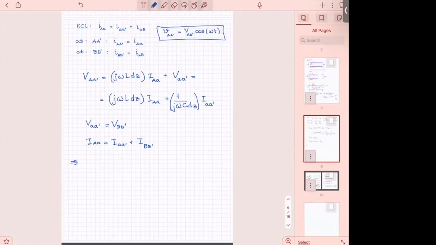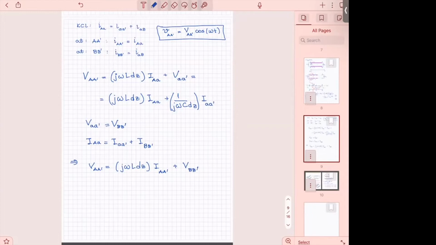So I'm going to write the following. V_AA prime equals j omega L dz I_AA prime plus V_BB prime.